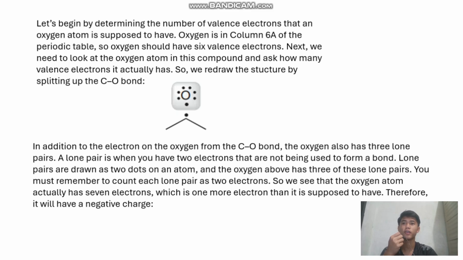Lone pairs are drawn as 2 dots on an atom, and the oxygen above has 3 of these lone pairs. You must remember to count each lone pair as 2 electrons, so we see that the oxygen atom actually has 7 electrons, which is 1 more electron than it is supposed to have. Therefore, it will have a negative charge.